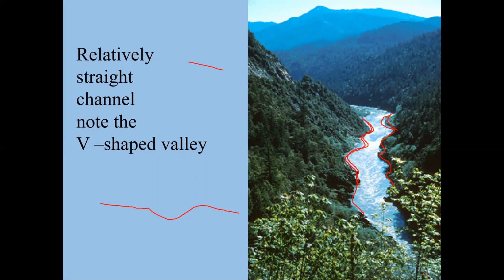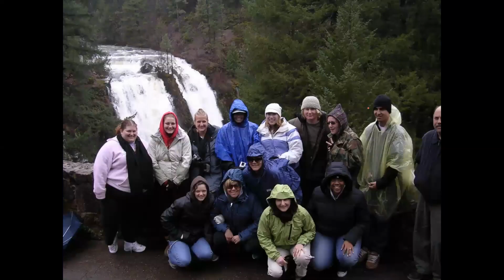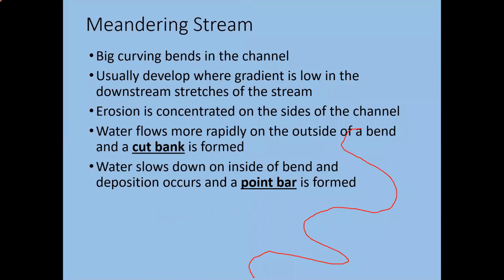On the inside of the bend, it will slow down, so it will tend to deposit material. So on the outside of a bend, we get a feature that's called a cut bank, because the bank is being cut into by the river because erosion is taking place.